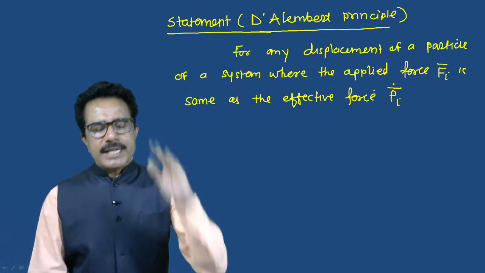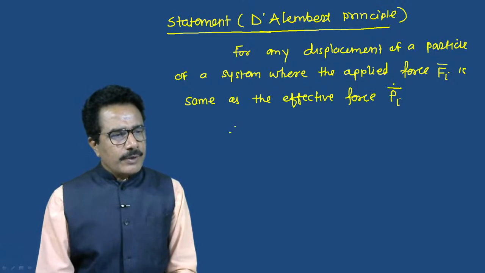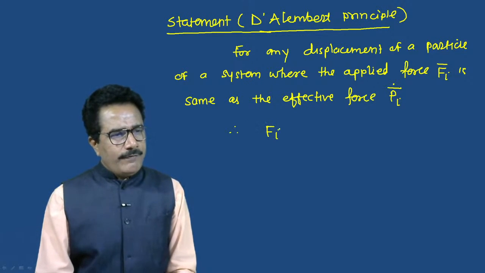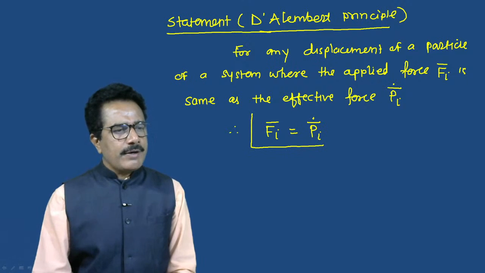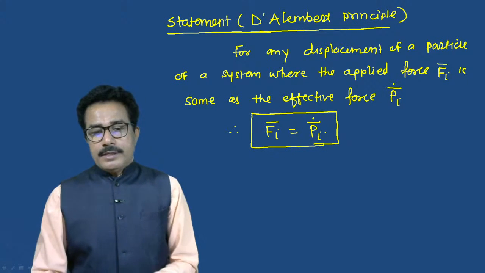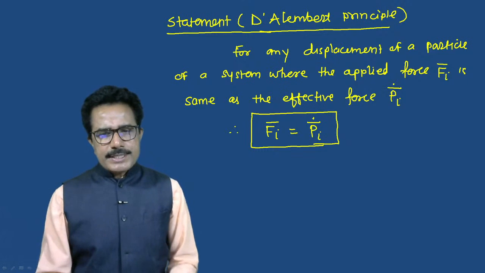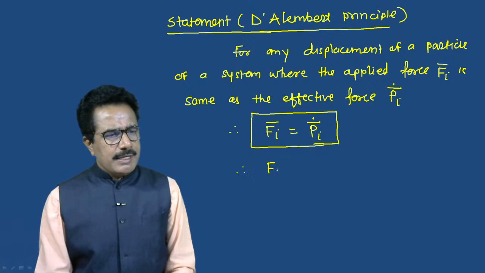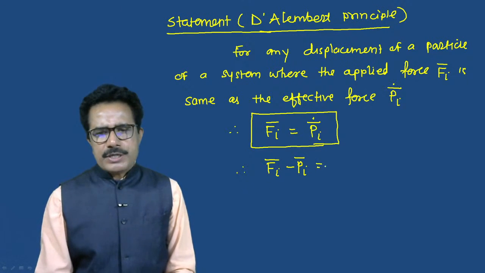Exerted force means the rate of change of linear momentum. See this. So therefore we can write Fi bar equals Pi bar dot. This is the statement of D'Alembert's principle. Or this also can be written as Fi bar minus Pi bar dot equals 0.